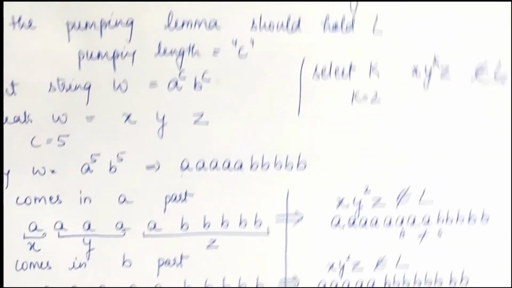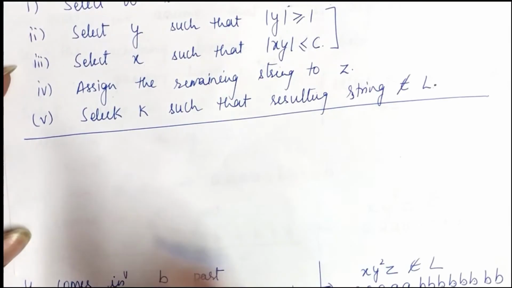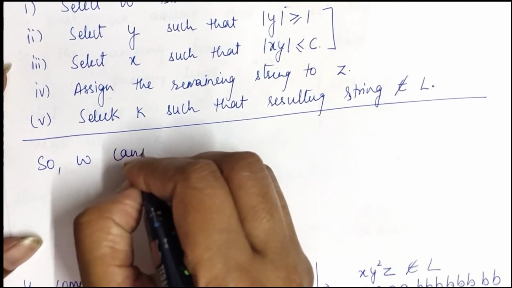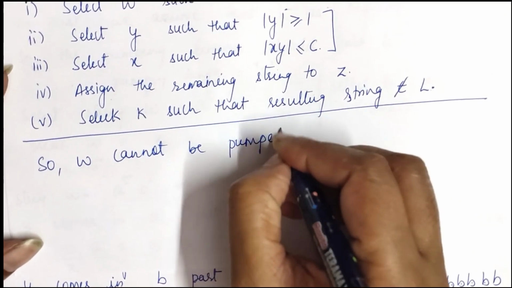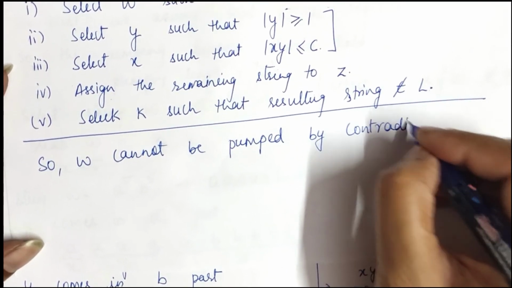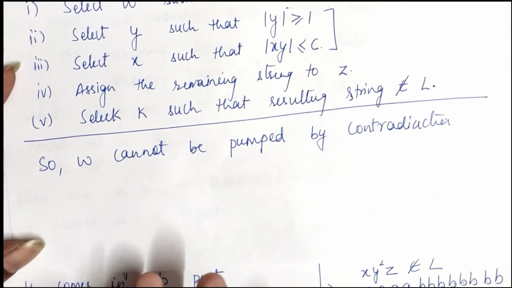So in the last line of the solution, W cannot be pumped, by contradiction. The contradiction is that we assumed L is a regular language, but it cannot be pumped.